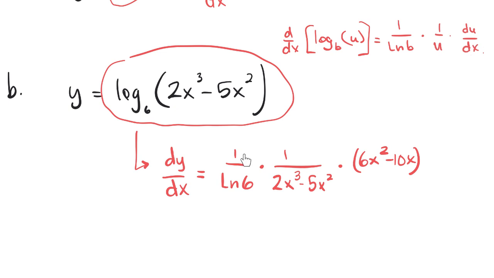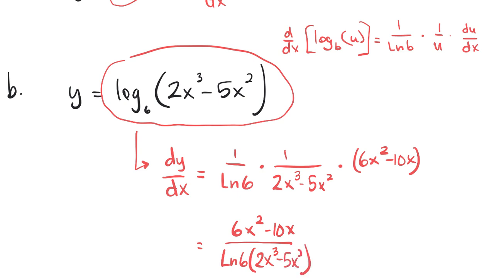Now simplifying here, the numerator is just 6x squared minus 10x. The denominator is the product of these two terms, natural log of 6 times 2x cubed minus 5x squared.